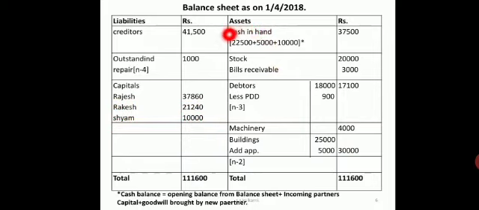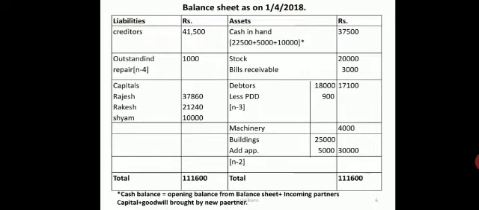Now asset side, cash in hand, it is already having amount of 22,500. Next you are having the total capital which is brought by Sham 10,000 in cash, and then you are having 5,000 which is the goodwill amount.